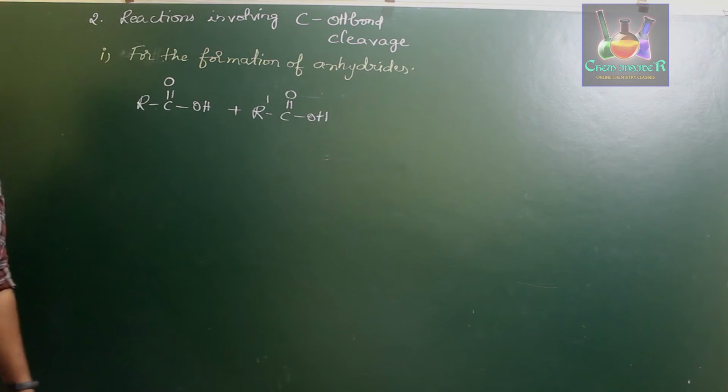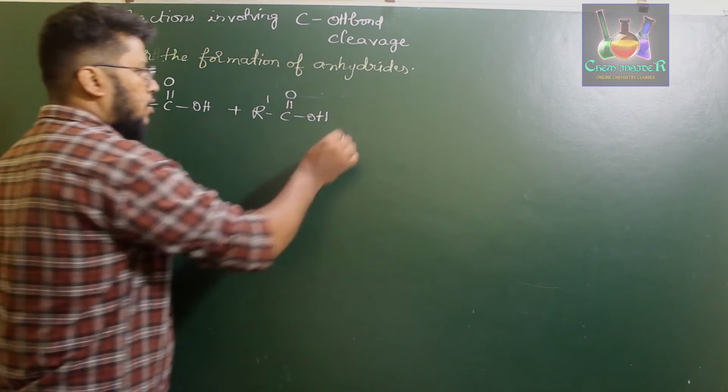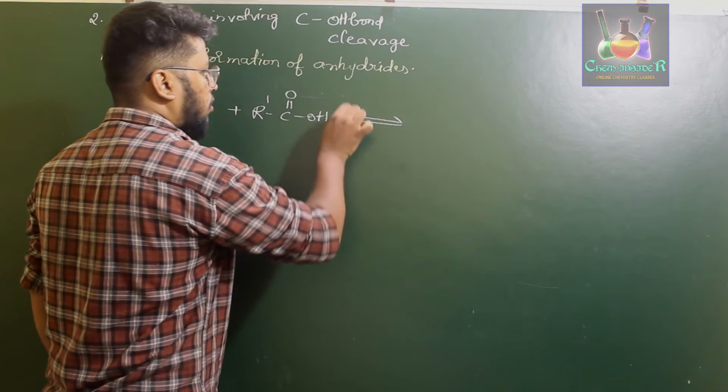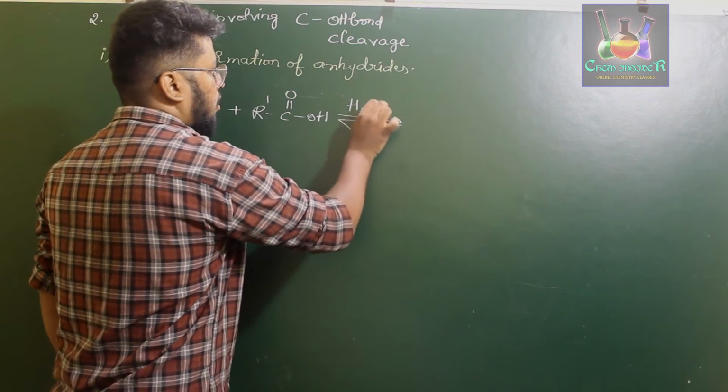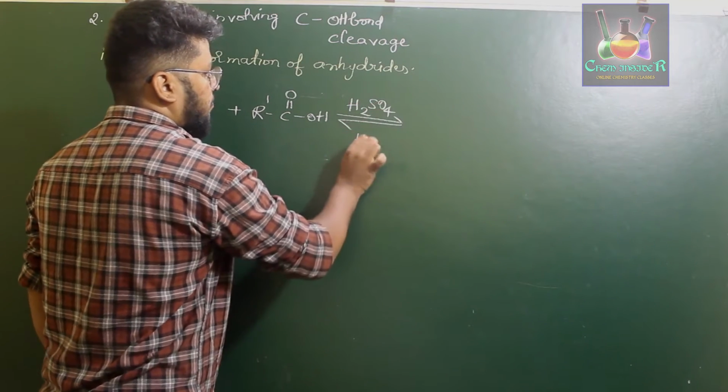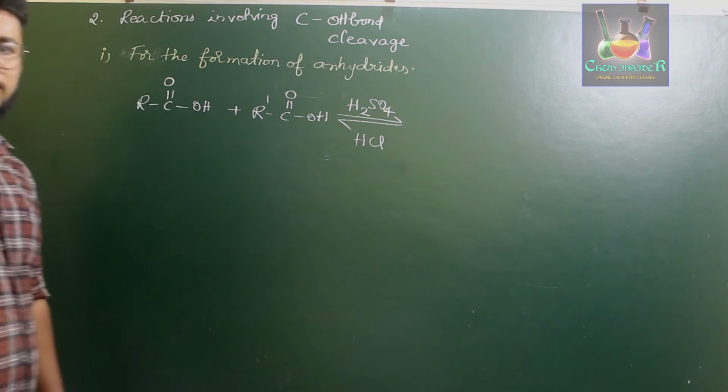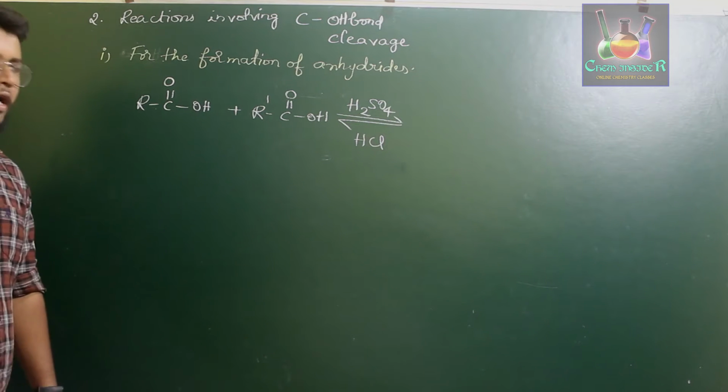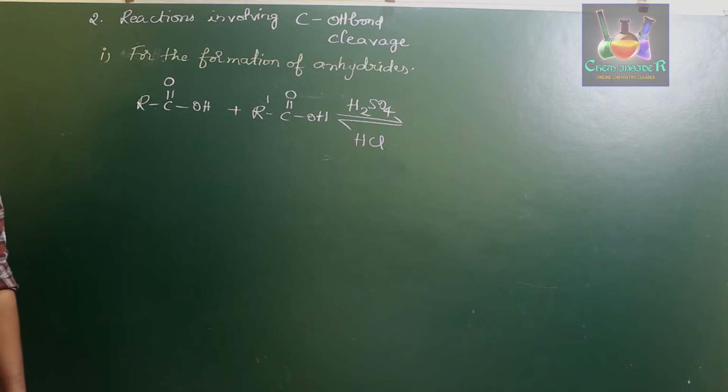Any two carboxylic acids, which may be of the same group or of different groups, under acidic conditions undergo dehydration to form an anhydride compound by loss of water.